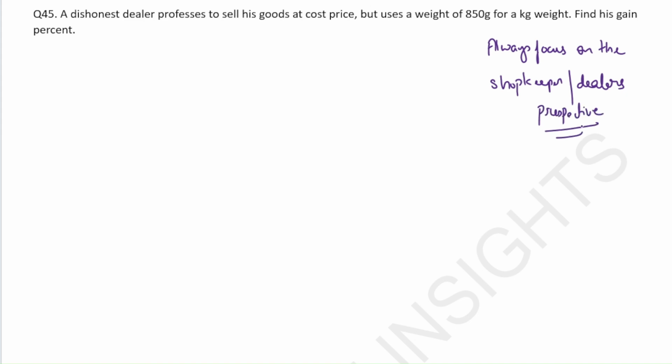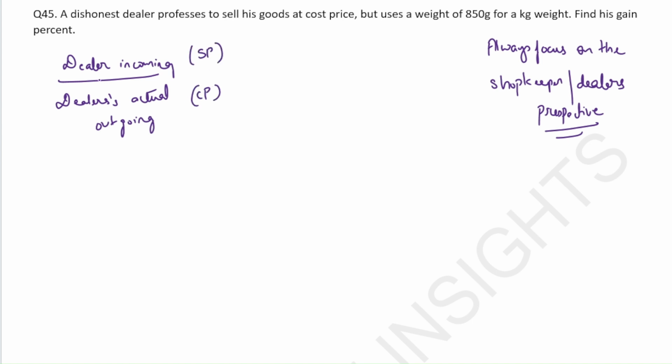That means whether the particular shopkeeper or dealer is getting loss or profit, you have to keep that in mind. And also, we have to remember one thing, that is how much amount the dealer is getting, that is dealer's incoming amount to dealer's actual outgoing amount. So this becomes the SP and then this becomes the CP, okay? So you have to remember this.